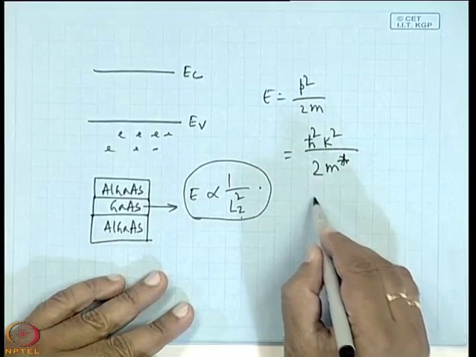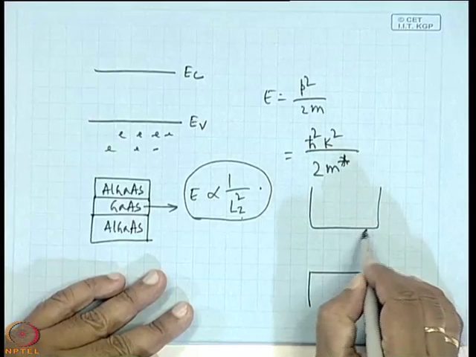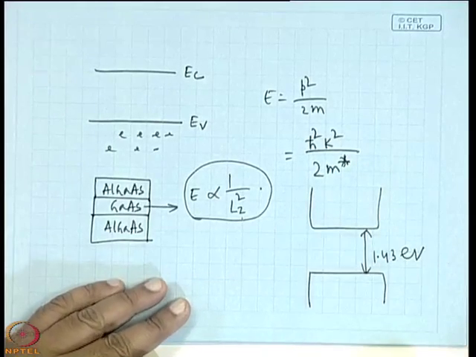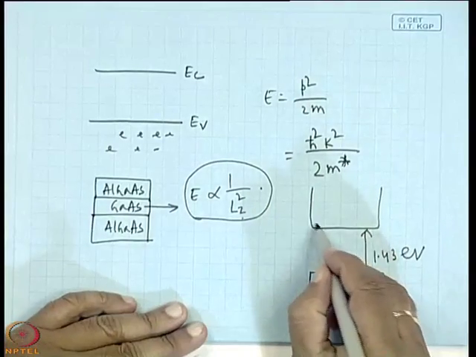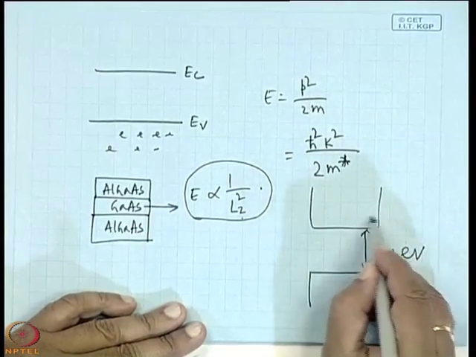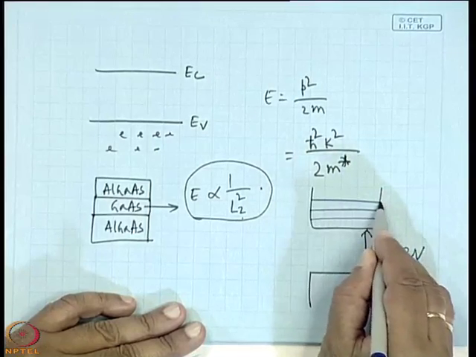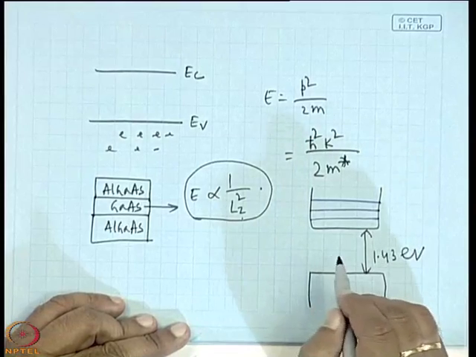What will happen? This is 1.43, the band gap of gallium arsenide, and the conduction band will split into a number of levels: 1, 2, 3, etc.